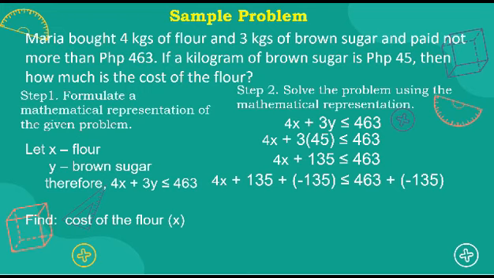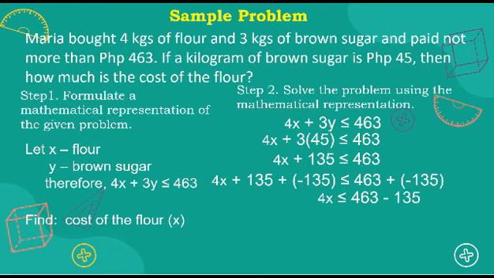Applying the addition property, 4x + 135 + (-135) ≤ 463 + (-135).